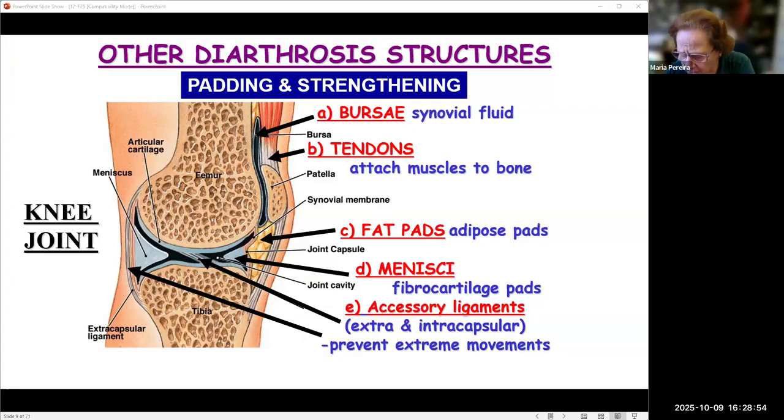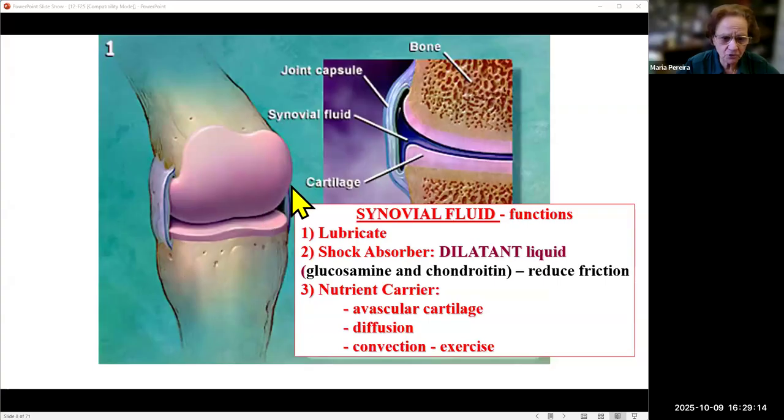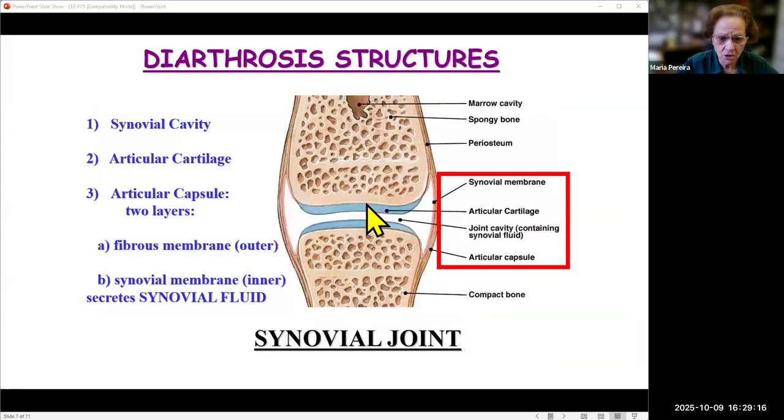So the articular cartilage is to prevent rubbing of bones at the tip of the epiphysis, correct? Does the dilatant liquid act as another cushion to prevent articular cartilage from rubbing? Right, so let's see here. You see the articular cartilage, right? When you have a lot of pressure, remember this synovial fluid is a dilatant fluid.